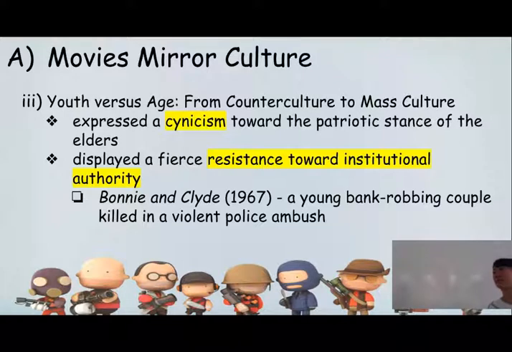In Mandarin, cynicism is 愤世嫉俗. And the films at that time display a fierce resistance toward institutional authority, such as the movie Bonnie and Clyde, about a young bank robbing couple killed in a violent police ambush.